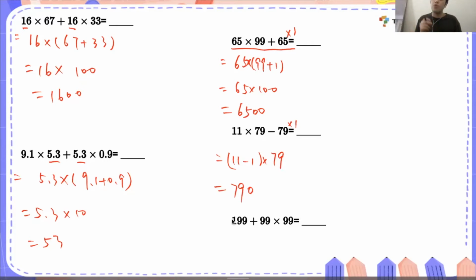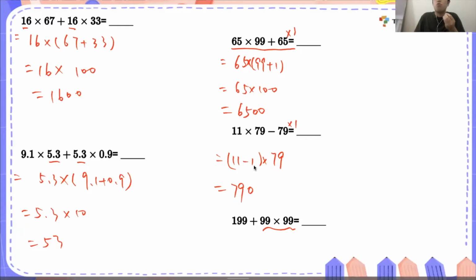Okay, the last question. When we meet this question, there's no obvious connection with 199 and 99 times 99. But we should know that it means we should have a method without long multiplication. So what is close to 99 squared?